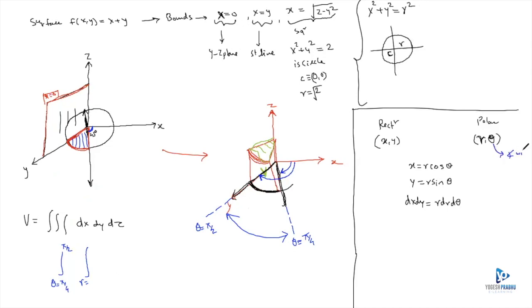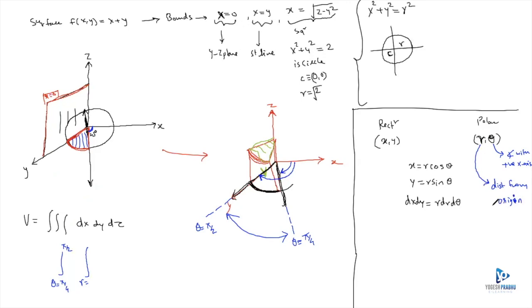Angle with positive x-axis. Do you know what is r? No, no, no. It is distance from origin.